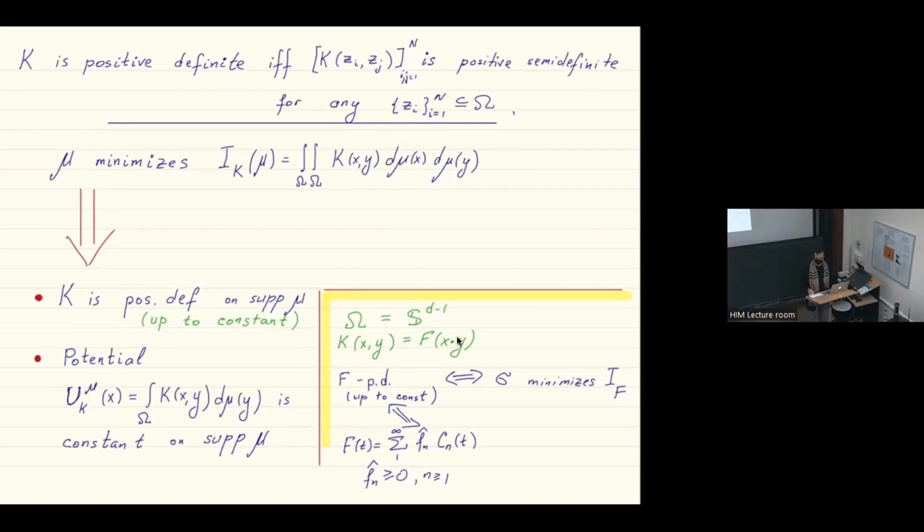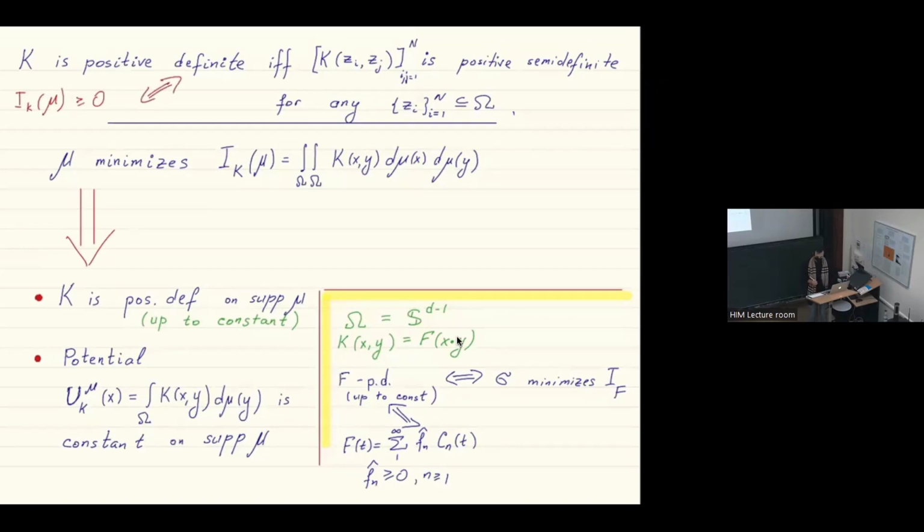This is the definition. And using weak star density, it's quite easy to say that this is equivalent to saying that the energy integral is going to be non-negative for any signed measure.